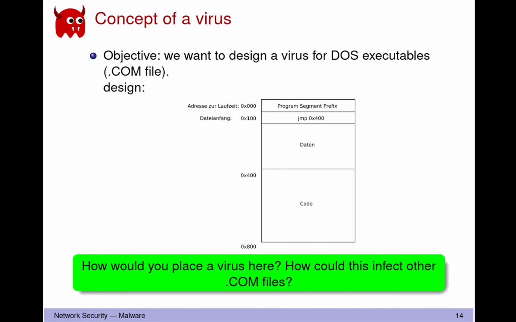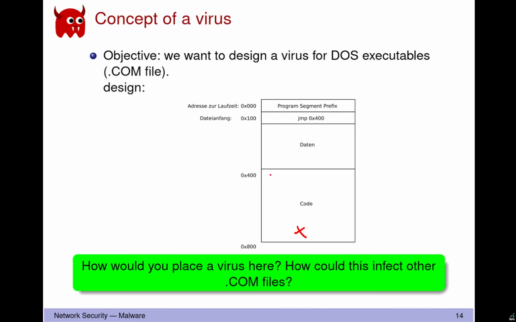So at some point you have to add the virus part, and at some point you have to make sure that the virus part is executed. Somewhere here, okay. But where would you put it there?